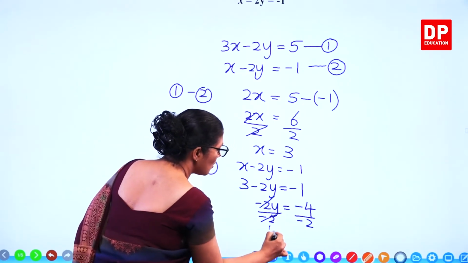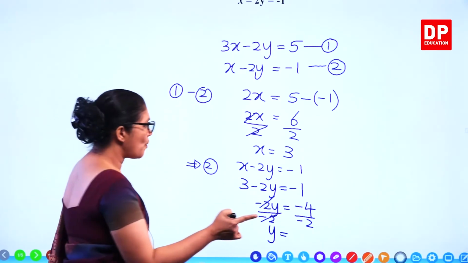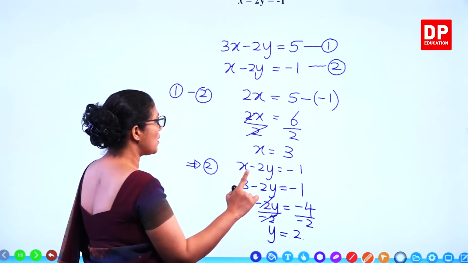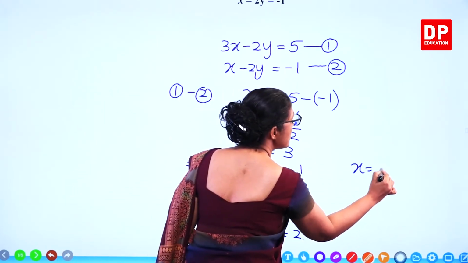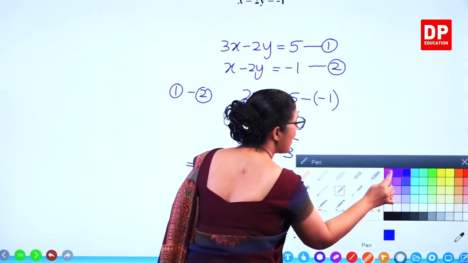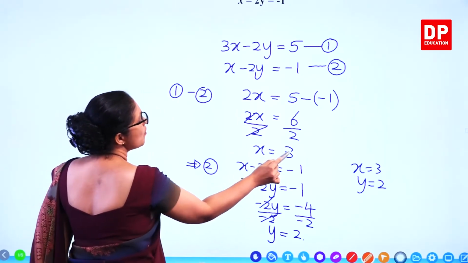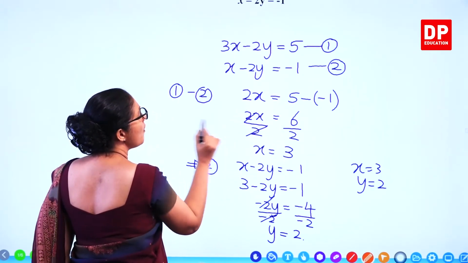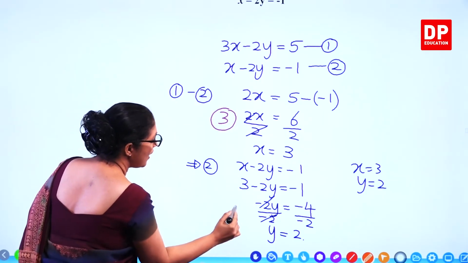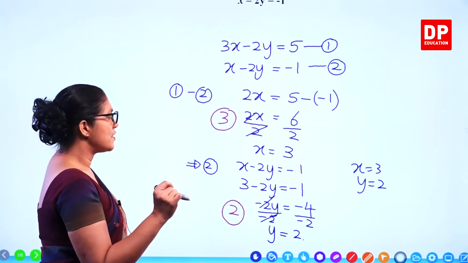What you get? Y equals negative, negative becomes positive. 4 divided by 2. That's 2. So y equals 2. X equals 3. So you get 5 marks. How you get 5 marks? Up to x equals 3. Finding one value, so that's 3 marks. And finding y value, you get 2 marks. Altogether, 5 marks for this question.